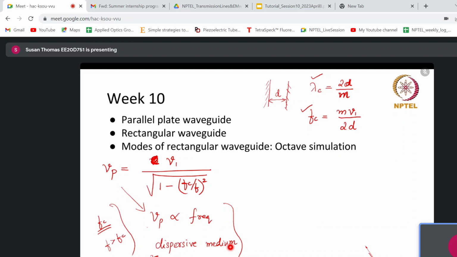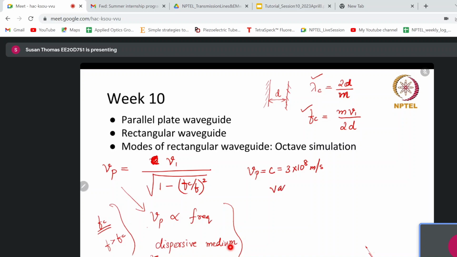Now, if you assume vacuum or free space, it is a non-dispersive medium. It has a phase velocity equal to c, the speed of light in free space, that is 3 into 10 power 8 meters per second.